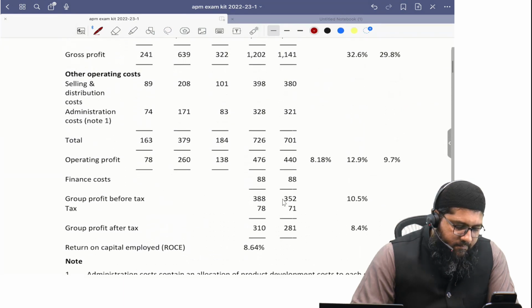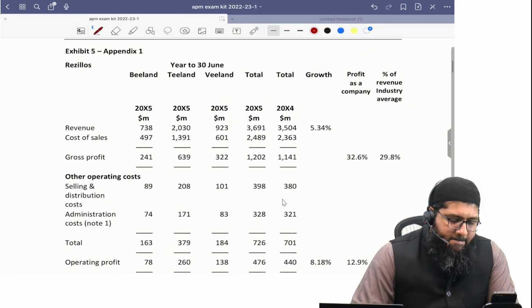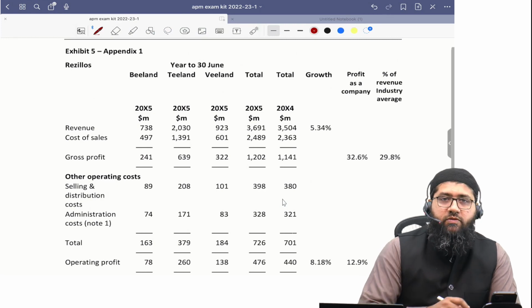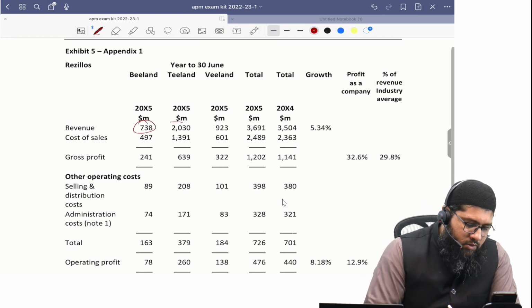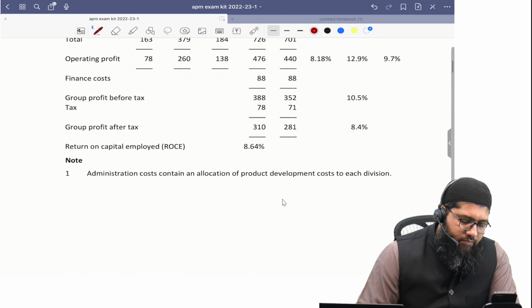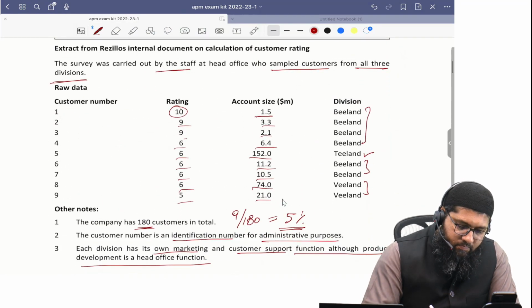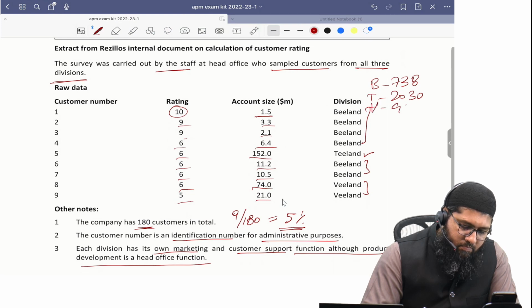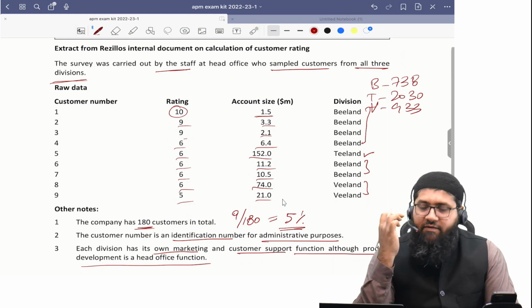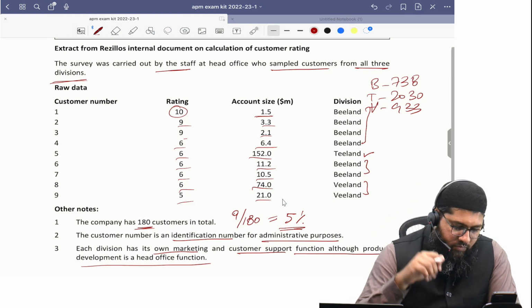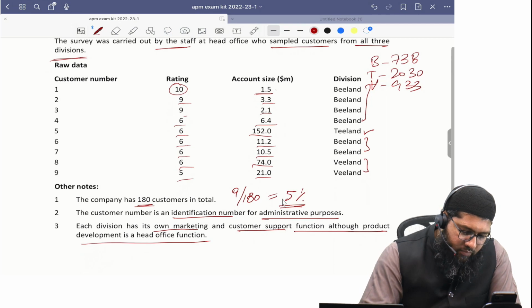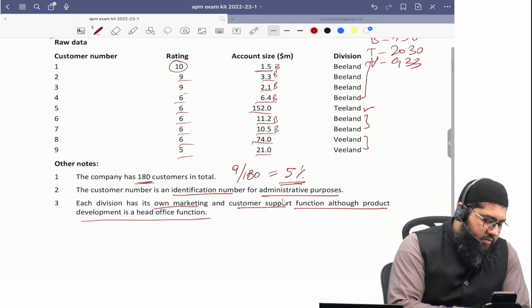Now see, what happens is that you look at this. 738, 2030, 923. Now this is the total revenue of each of the divisions. If you talk about the Beeline, so what is actually going to happen?